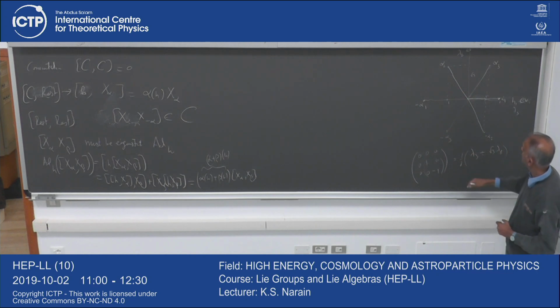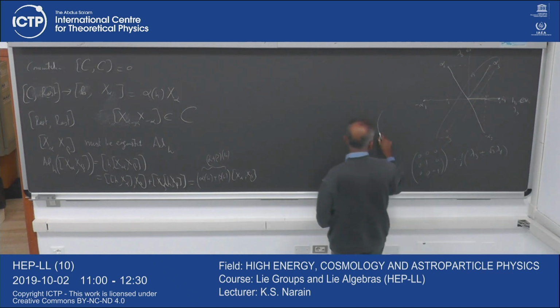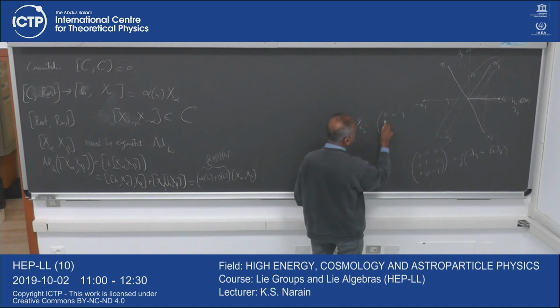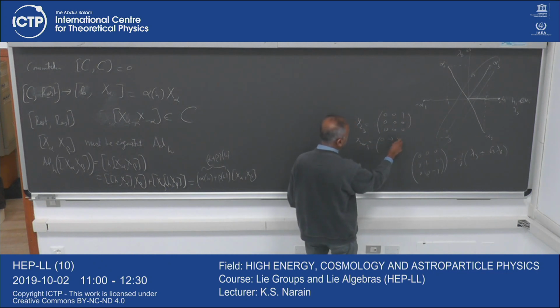So this part is fine. And if you look at the commutator of this with that, you will get again some combination. It will be some element of the Cartan subalgebra. I mean, it will be something which will form an SU2 subalgebra here. So how does it work? X alpha 3 was 0, 0, 1, everything else 0. And X minus alpha 3 was 0, 0, 0, 0, 0, 0, 1, 0, 0.